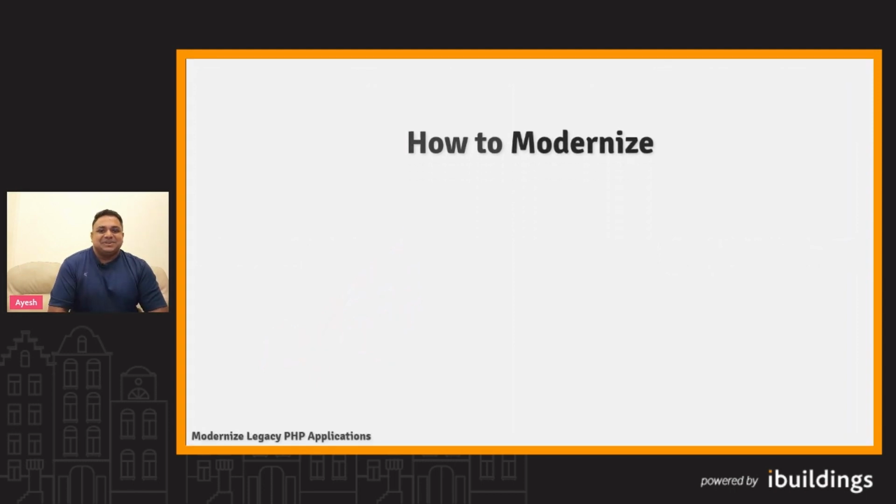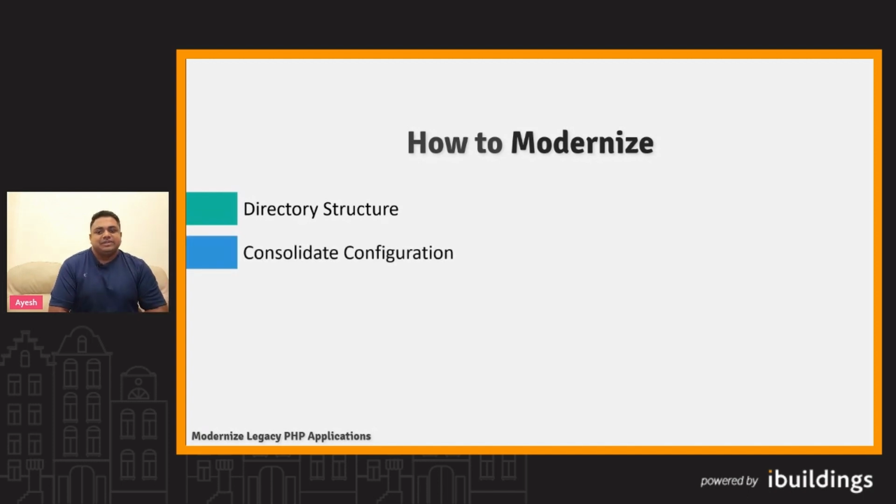I will break this into 8 steps. First we will talk about the directory structure. Like I said, we had the messy directory structure which we will try to optimize. We will consolidate the configuration files. We will start to use Composer and auto-loading in case you are not doing this already.